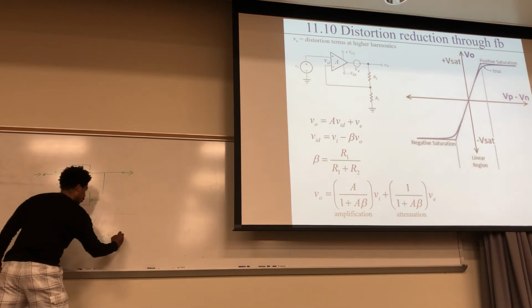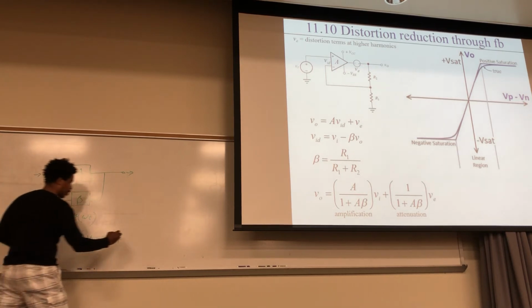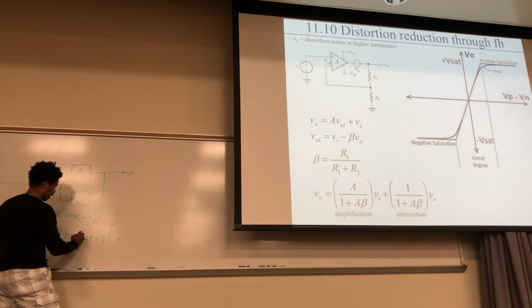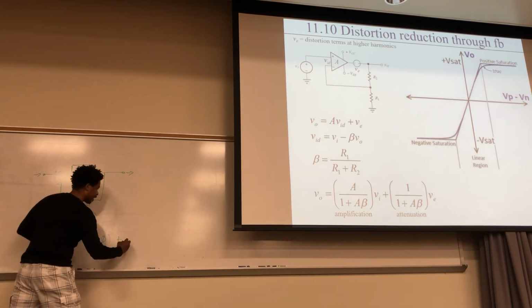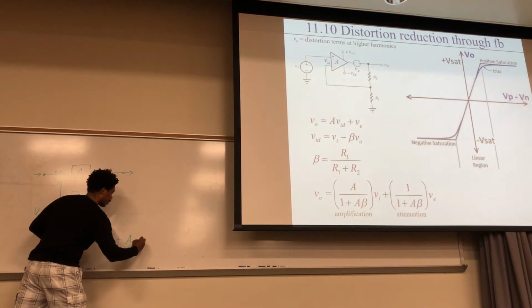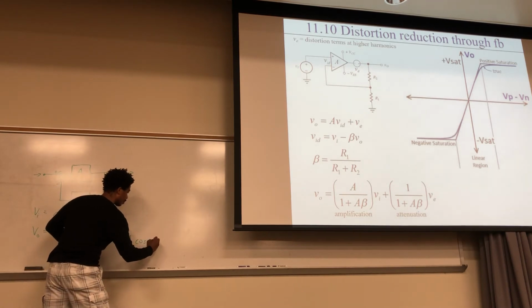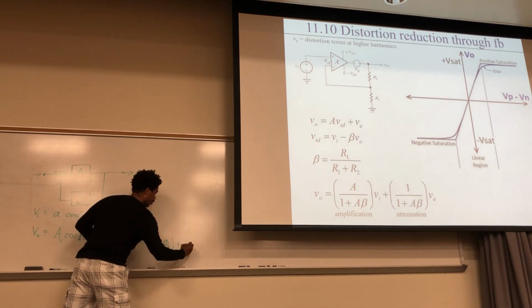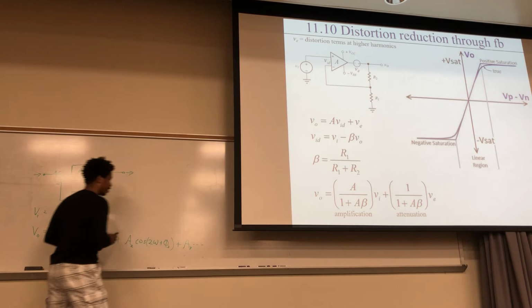But then you're going to have some distortion terms. You're going to have another term here. Let's call this 1, we'll put a 1 here for placeholder. You're going to have the second harmonic right here. Right? And then you're going to have the third harmonic, and on like that.